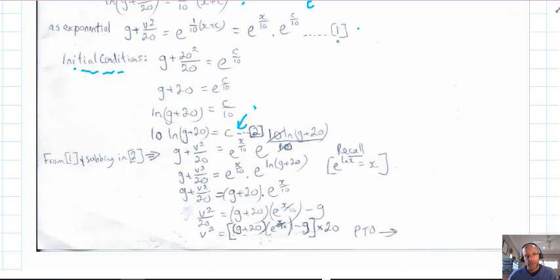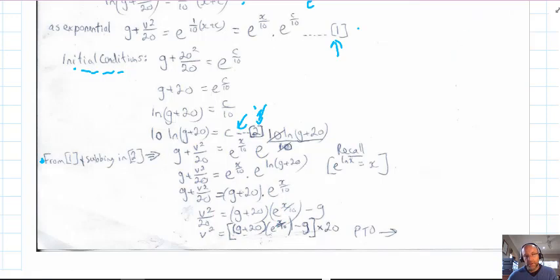Now going back to statement 1 and subbing in that information from statement 2, we get this line here. We are basically applying various exponential and log laws and factorizing, rearranging.